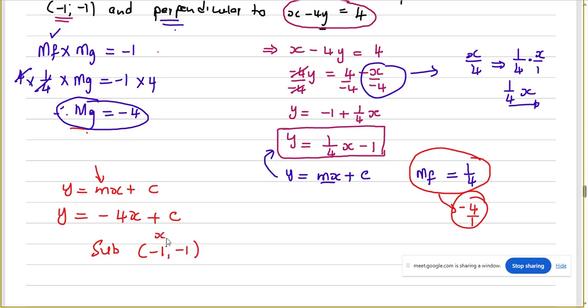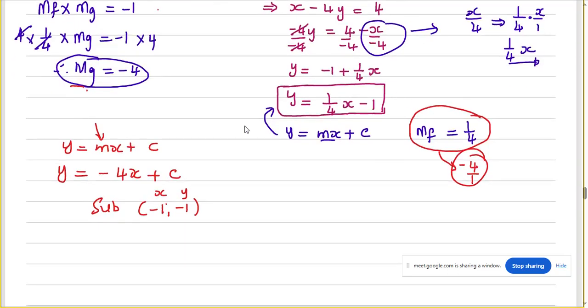This is your x, this is your y. Let's do the substitution. Where there's y from this equation, we're going to put -1, and where there's x, you put -1.